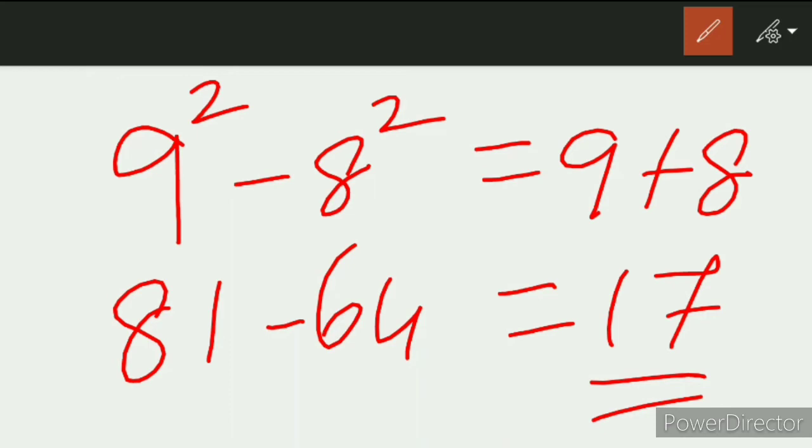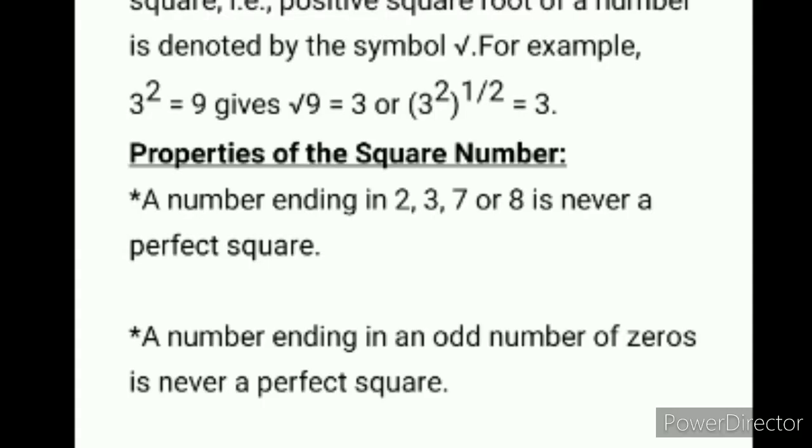Yes. What is this property? For every natural number n, we have (n plus 1) whole square minus n square equal to (n plus 1) plus n.